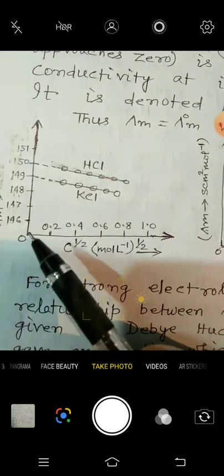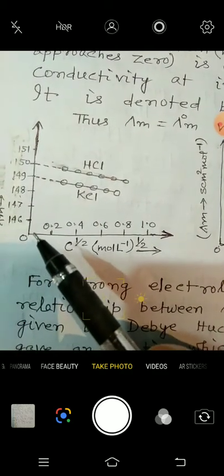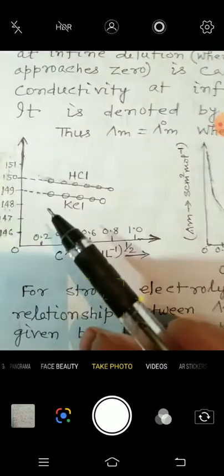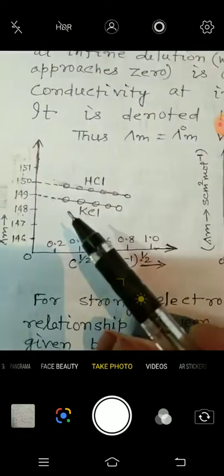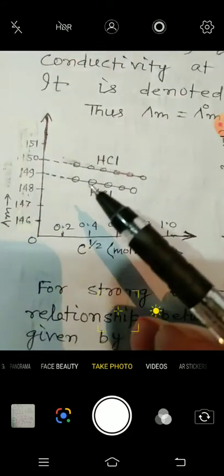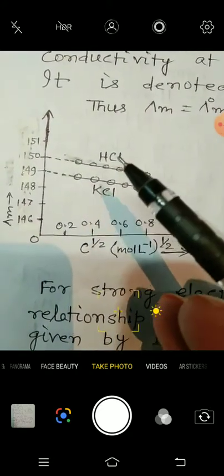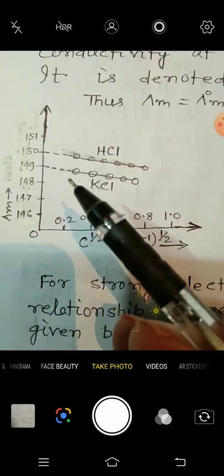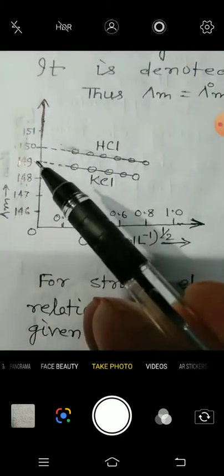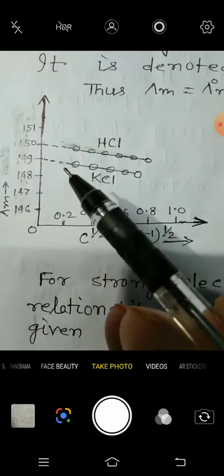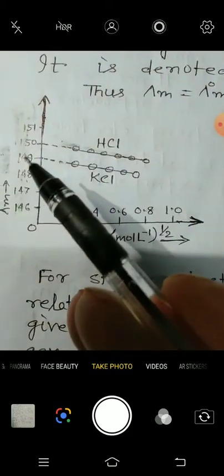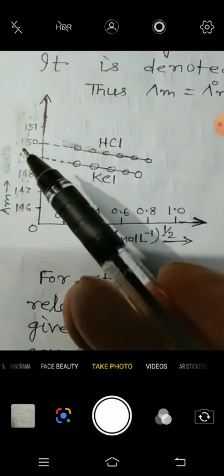At 0 concentration, or when the dilution is infinite, the molar conductivity of these two strong electrolytes can be obtained by extrapolating these two graphs. For KCl it is 149 and for HCl it is 150.